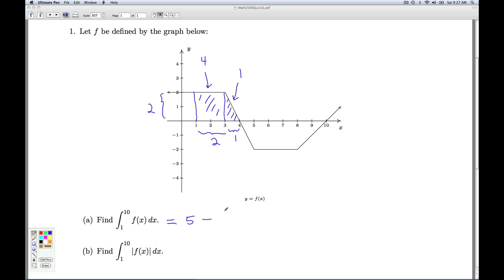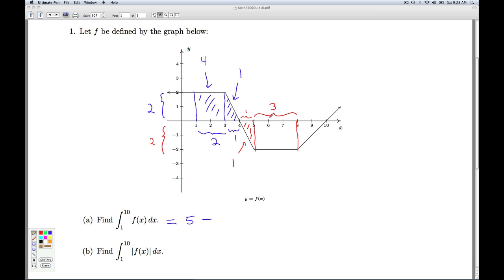And now I'm going to subtract off the area I get from this portion here. And once again, we can break this up into triangles and rectangles. This triangle piece here has a base of 1 and a height of 2, so its area, 1/2 base times height, is 1. Now I move over to this rectangle.